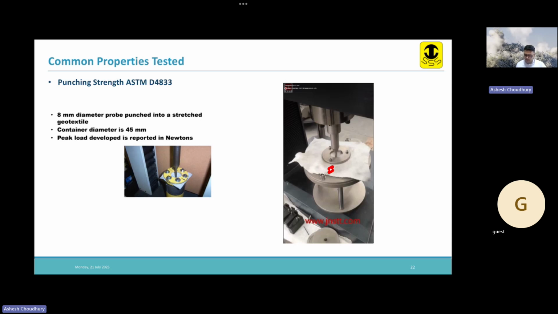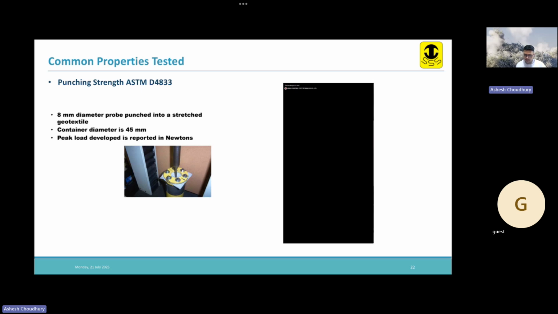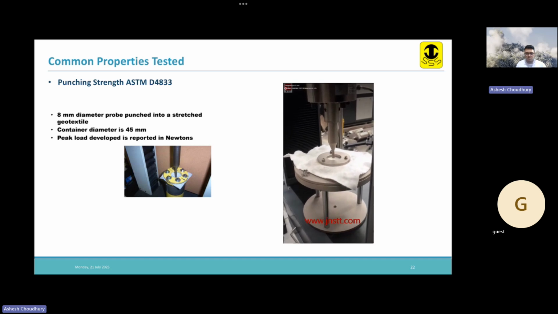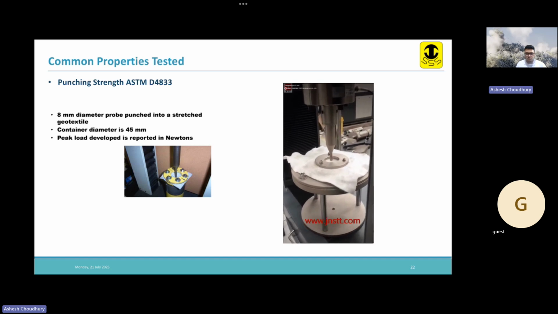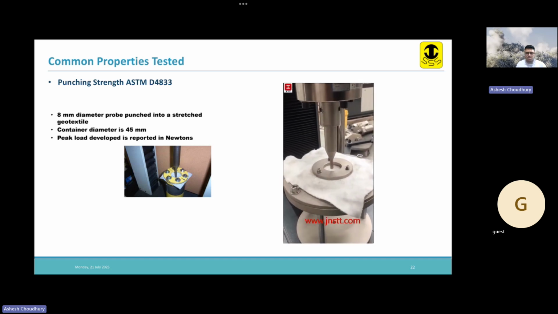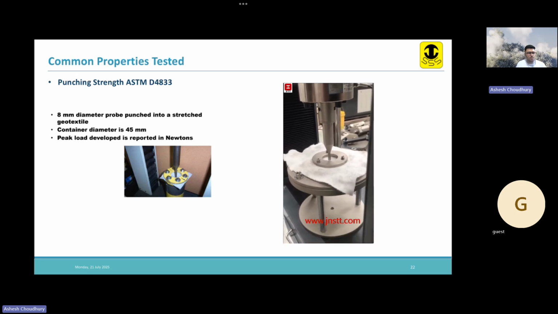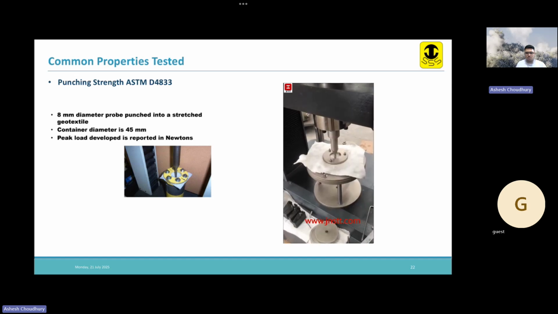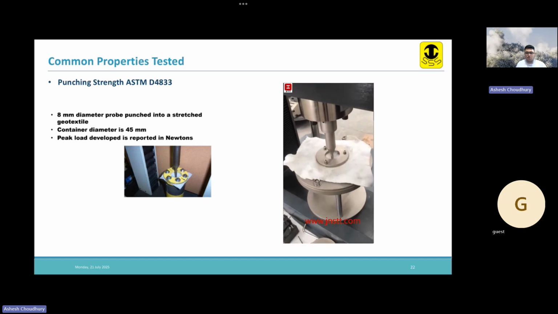So let us watch this video. So there is a stretched geomembrane within this container, and then we punch it with this probe.